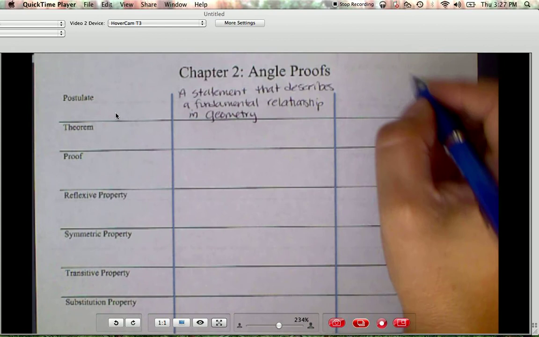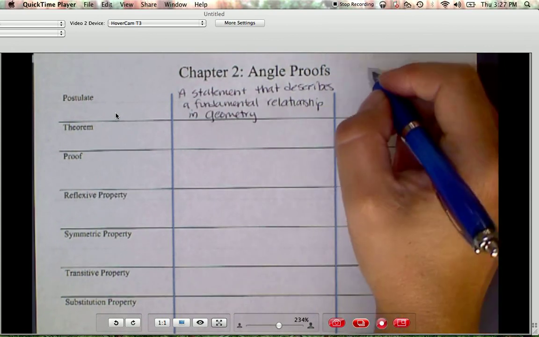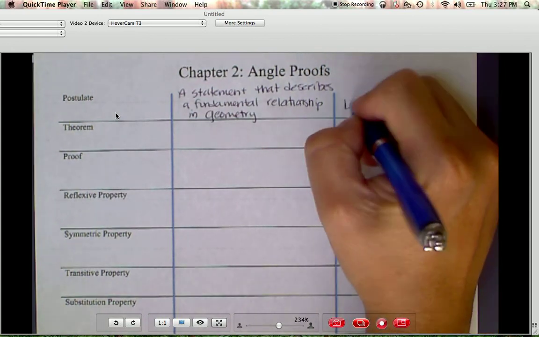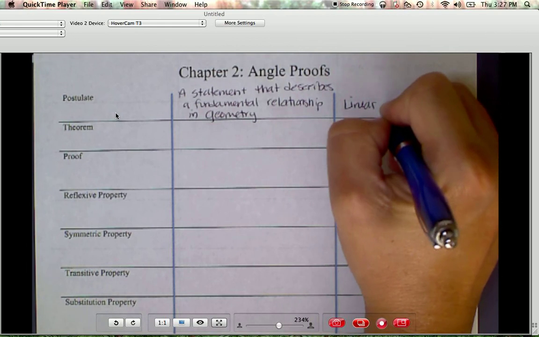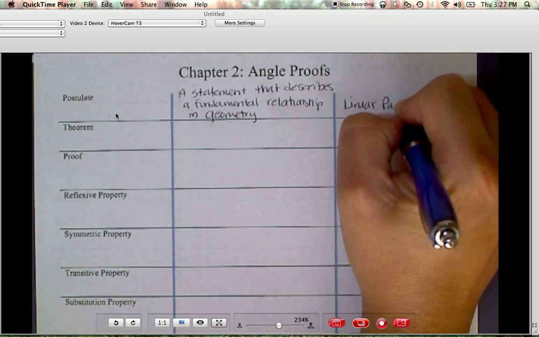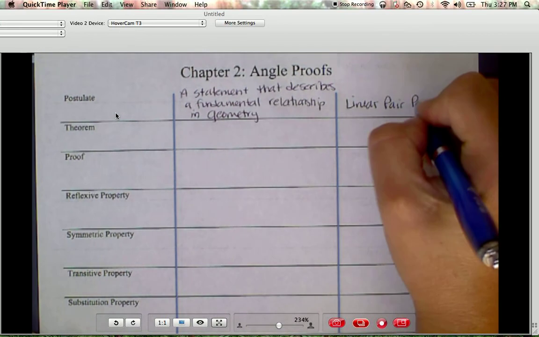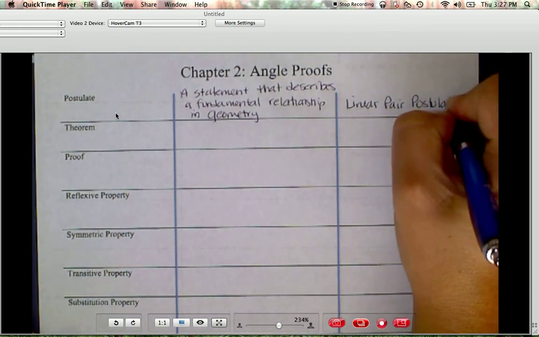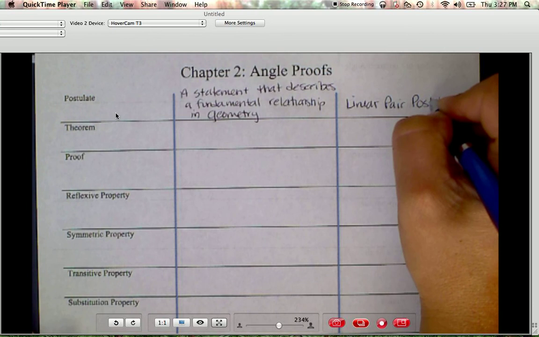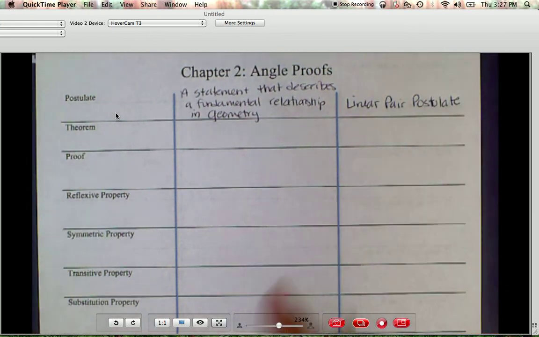We have talked about, or will talk about, a linear pair postulate. It's a very popular postulate. So we'll put that here for now so we can use that as an example of what that postulate is.